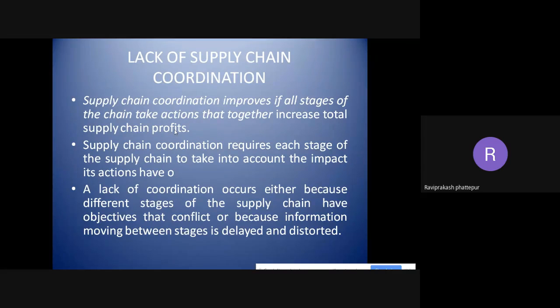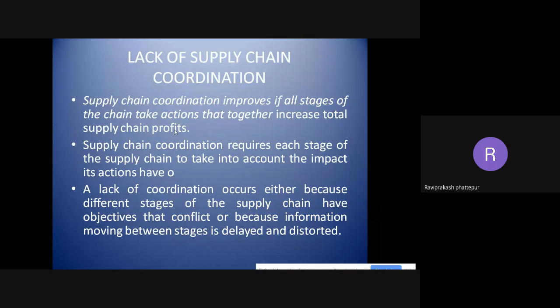That's why, if we say chain, there are different links in a chain. Each and every link should be proper or equally strong. A chain is as good as its weakest link. That means if the weakest link is there, the chain holds good only to the capacity of the weakest link.